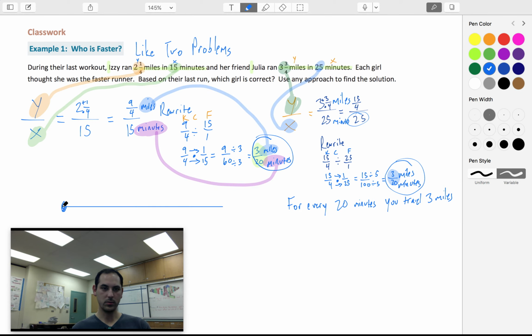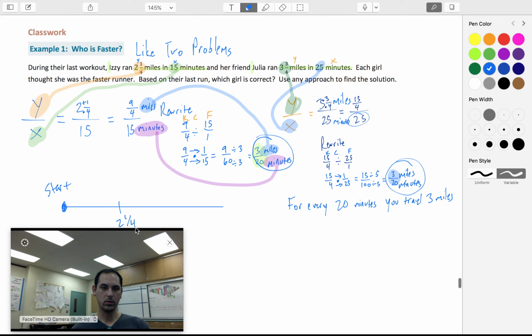So here's your starting point. And they both actually arrive at 2 1/4 miles at 15 minutes. So both of them arrive at the same point.